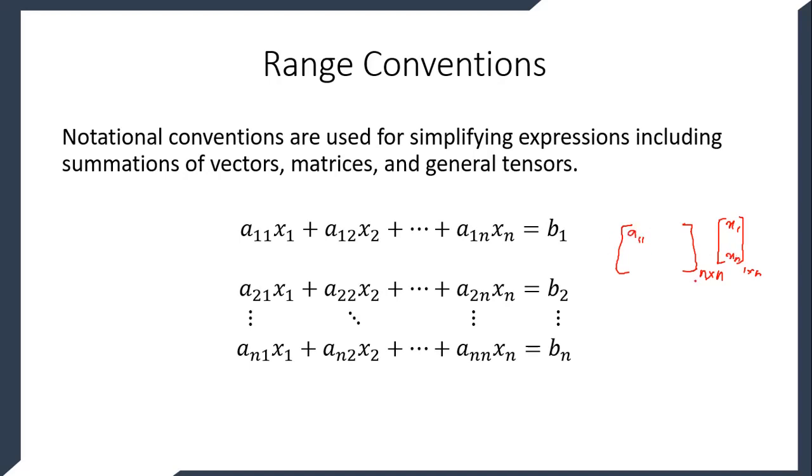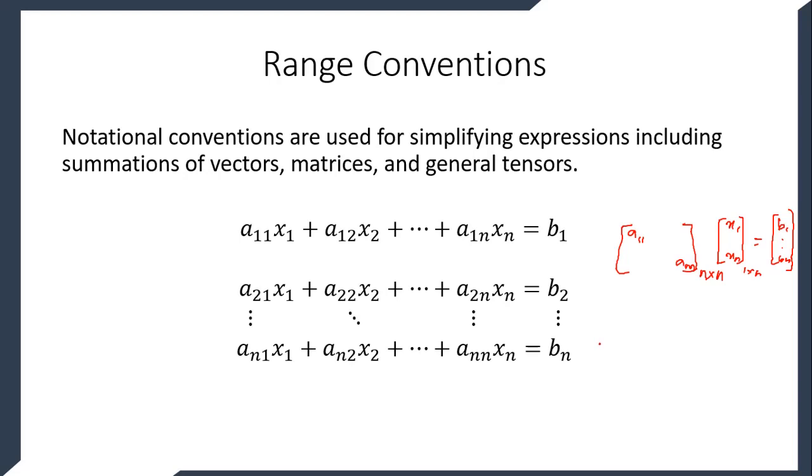It starts from a11 to ann, giving us particular values from b1 to bn. So while doing calculations with this particular tensor, we need to write all these equations over and over again, and this is going to be very cumbersome.